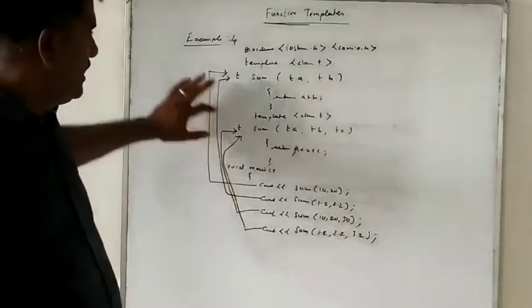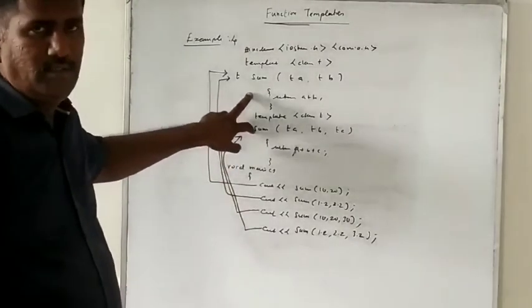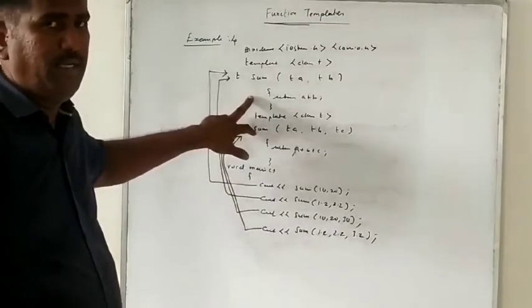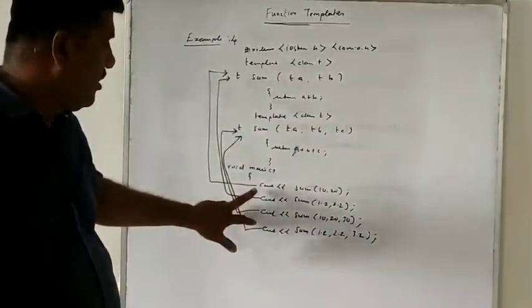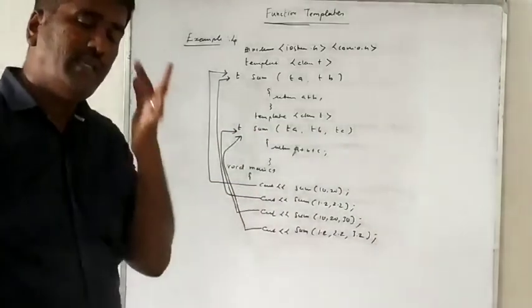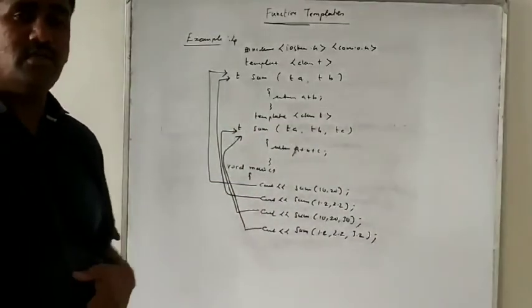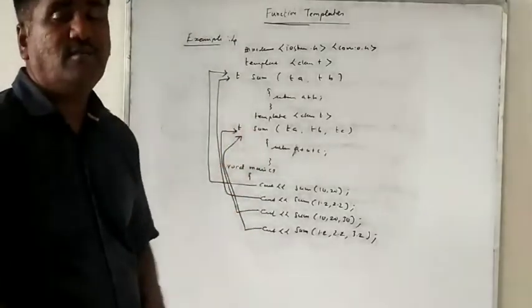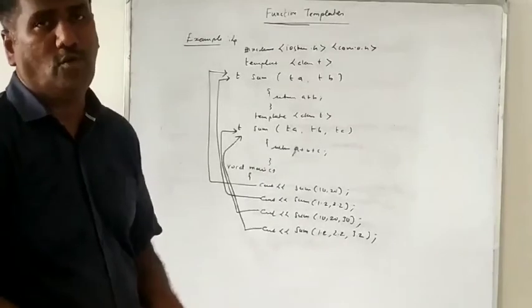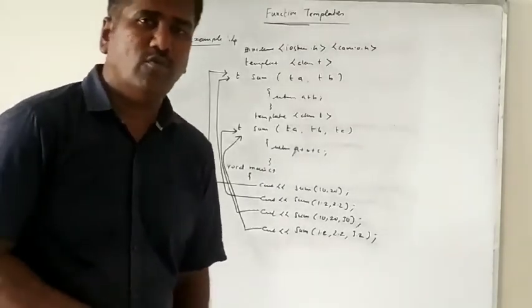So now here we define two function templates, but the two function templates are called using 4 varieties of function calls. So this concept is called function overloading. How to achieve function overloading?